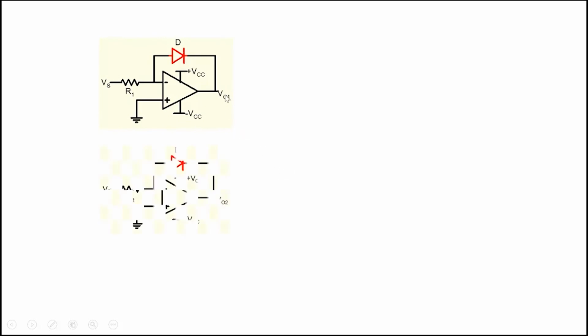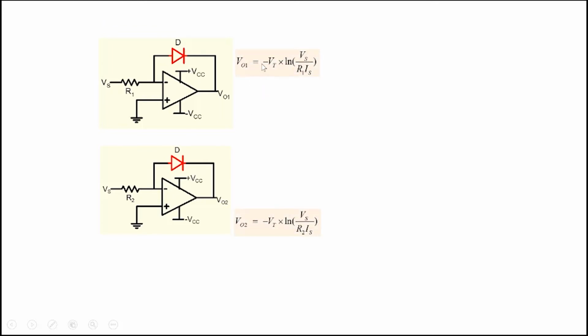Okay, so let's look at how we can do this. So this is V01 and this is V02. We take two identical diodes, and the equation here is V01 is minus Vt ln Vs by R1 Is, V02 is minus Vt ln Vs by R2 Is here. And then we would like to take the difference of the two.